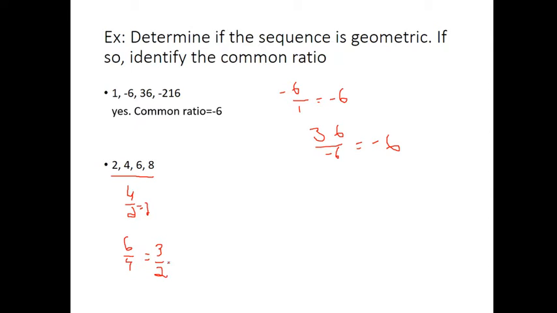As you can see, we don't have a common ratio, so therefore this one is not geometric. However, this would be arithmetic, because if you look here, the difference is 2. So 4 minus 2 gives you a 2, 6 minus 4 gives you a 2, so this would be an arithmetic sequence.